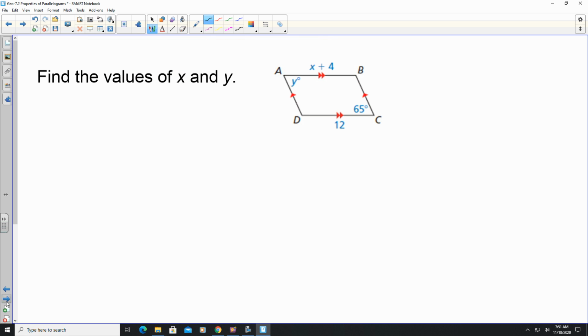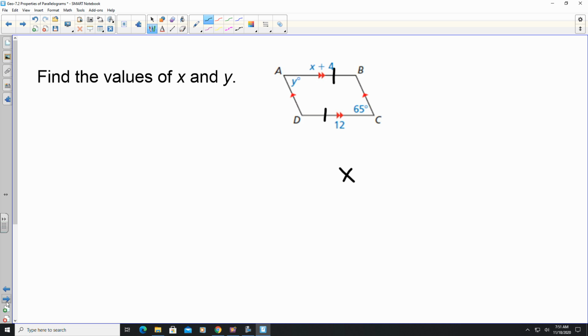So with that being said, we have an example here where it shows that we have two sets of parallel lines, so we know that it is a parallelogram, and then they want us to find x and y from that. Since it's a parallelogram, we know that AB and CD are going to be the same.